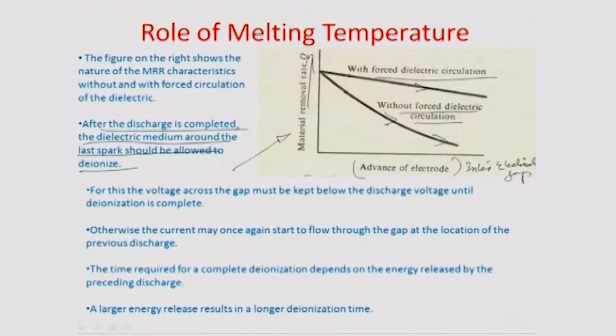So, there is also something that you have to ensure: the voltage across the gap must be kept below the discharge voltage until this deionization is complete. This would ensure that the current does not flow in the same ion path, which is highly conducting now, and at least that diffusion time for the ions to go out is provided by the system.